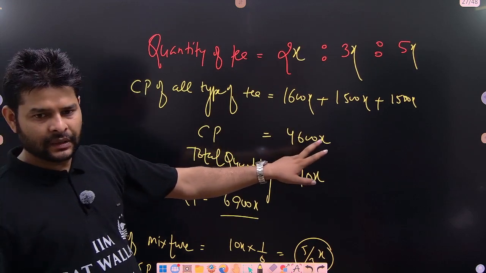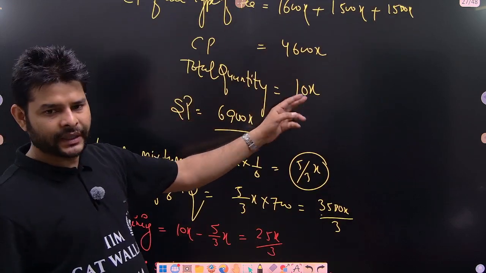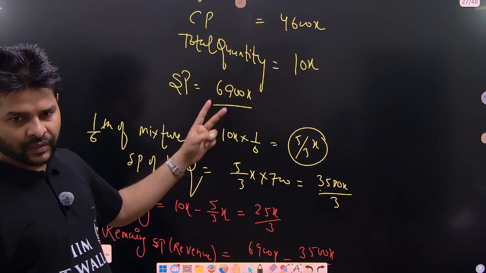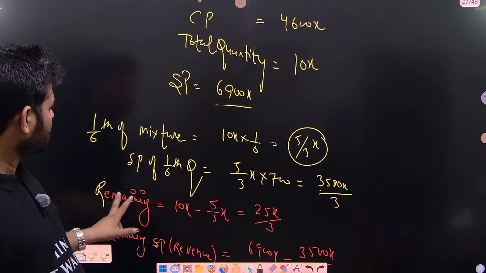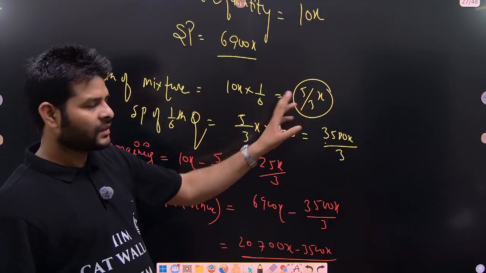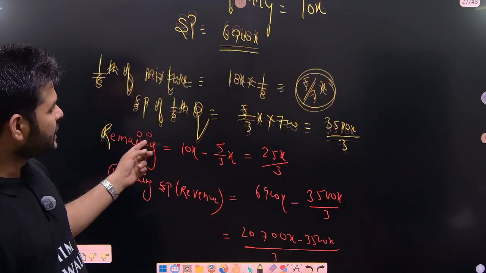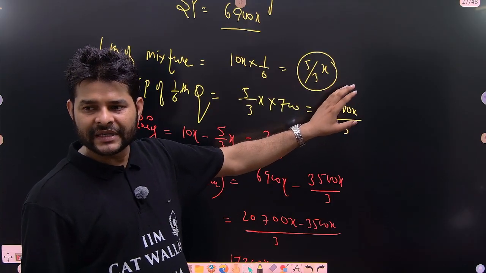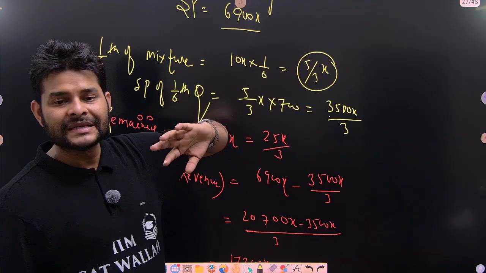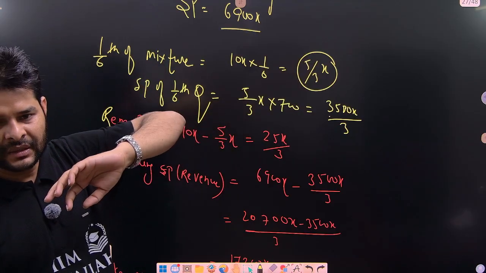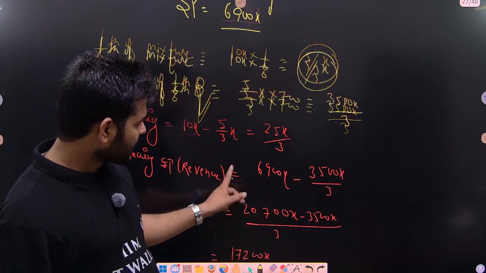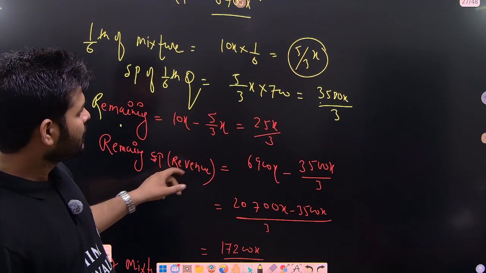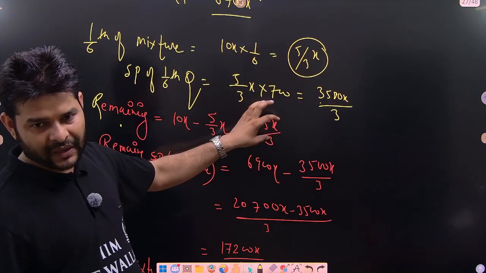Total CP, total quantity, total SP. He wants to make this much SP revenue, 50% profit. 1/6 of the mixture, 5 by 3x, has been sold at 700 rupees. So that much revenue he has already got by selling 1/6 part of the mixture. The rest of the revenue he wants to generate by selling 25x upon 3, the remaining part of the total.